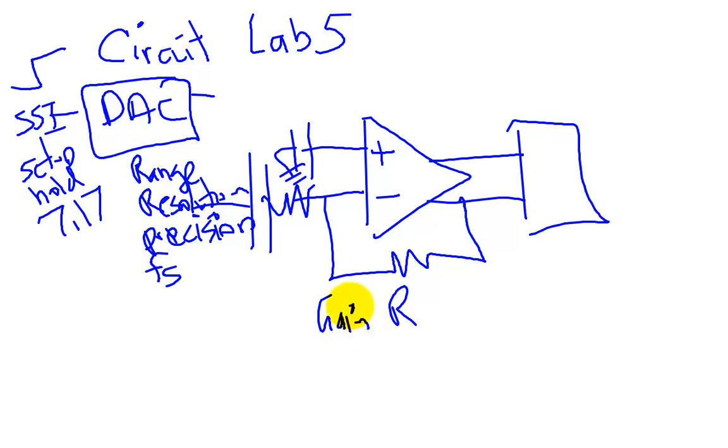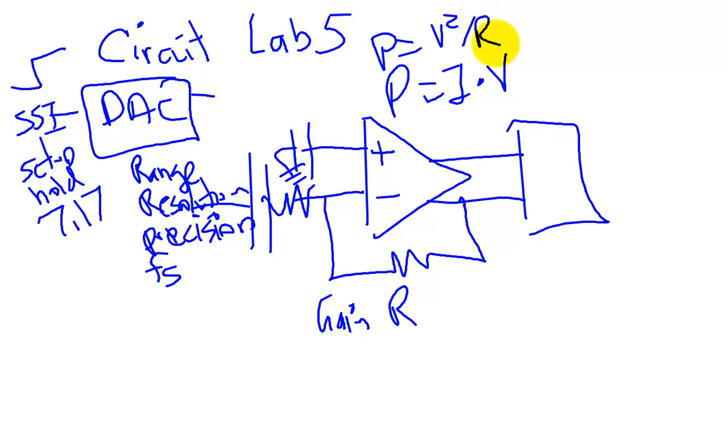I could ask you the maximum power. Power is just I times V, or power equals V squared over R. How does that matter? That matters on the power line that I put here, right? 5 volts. A 5 volt power is how much louder than a 3.3 volt power?